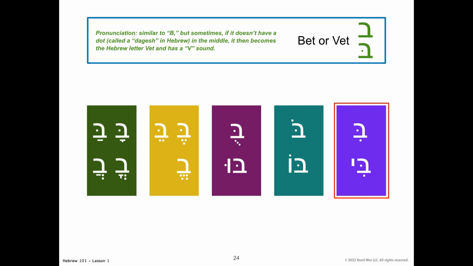And then the last one, what sound is the last one? Be? Be, exactly. So now the E together with the bet gives us be, and with yud, it's also be.